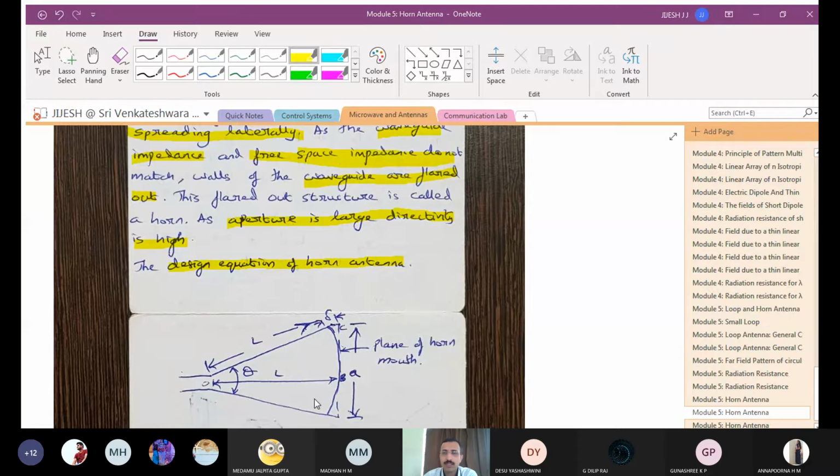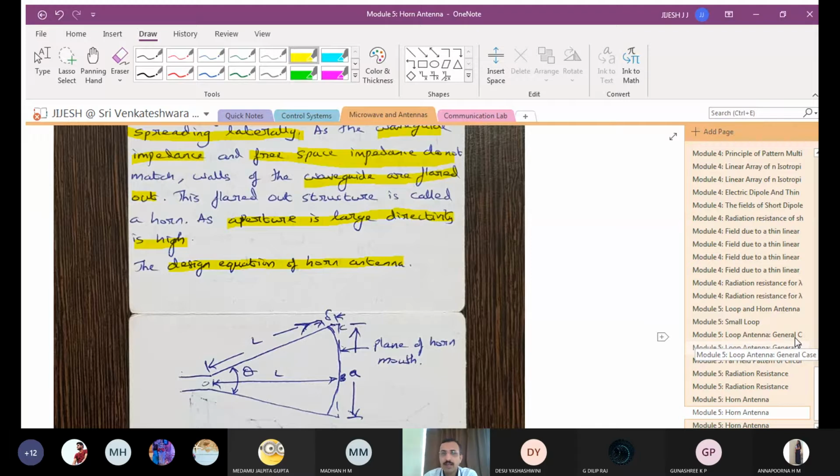These are the theoretical concepts about the horn antenna. We have seen the process of flaring out, and also that the impedance does not match the free space impedance if the walls of the waveguide are flared out.